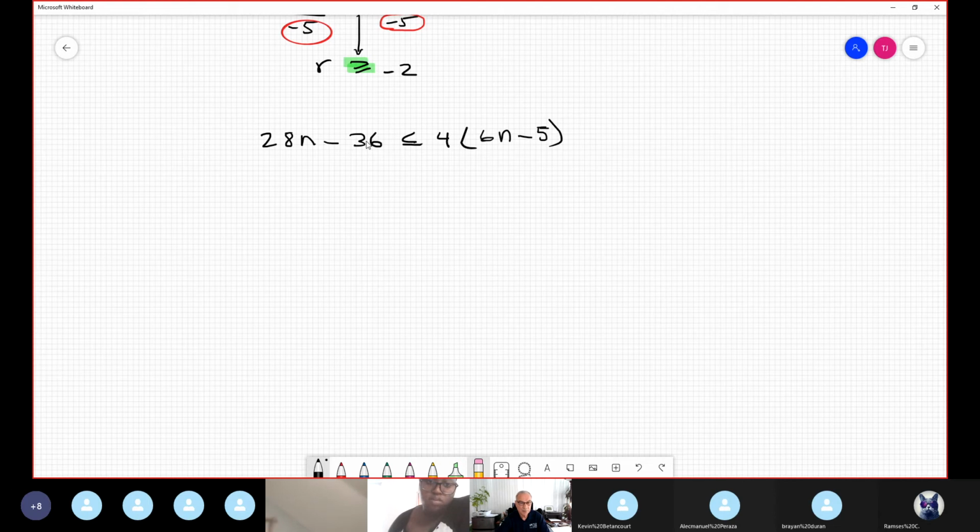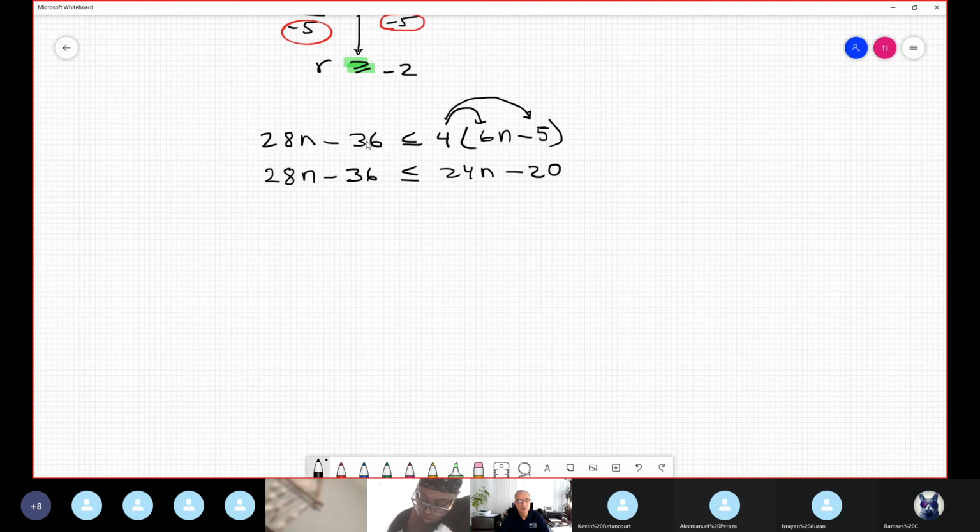What should I do? I need help. Distributive property first. Absolutely perfect. So the left-hand side, I copy exactly the same, no change. I don't do anything. This is 24, m and 20. Ready. What is the manipulation now?